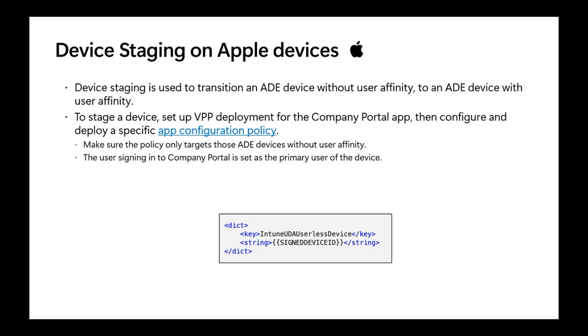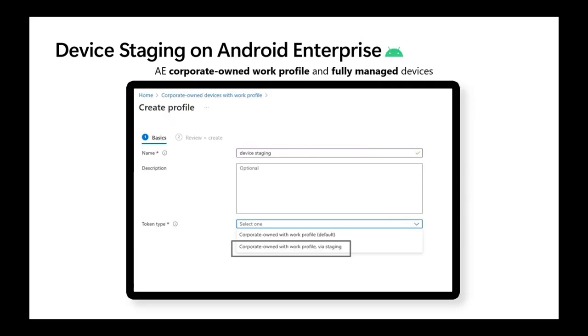On Android corporate profile and fully managed devices, this is done through a different type of enrollment token. And I'm just going to show with a demo what this looks like.